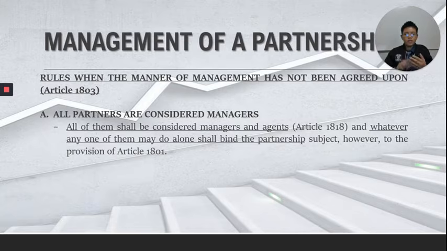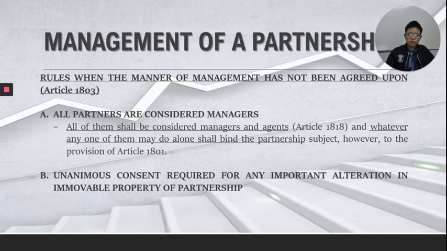And also, in case of oppositions, the rules in 1801 will apply. So, kung ito, mayroong siyang action, ito nag-oppose per head voting. So, kung nagkaroon ng tie, remember, controlling financial interest vote of all of the partners will be considered. Anyway, more examples later on.